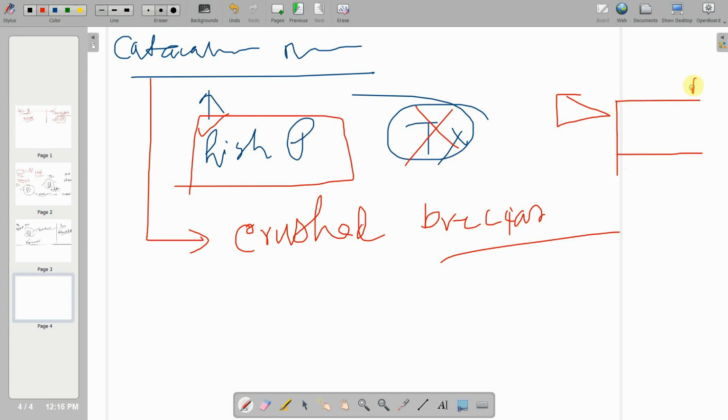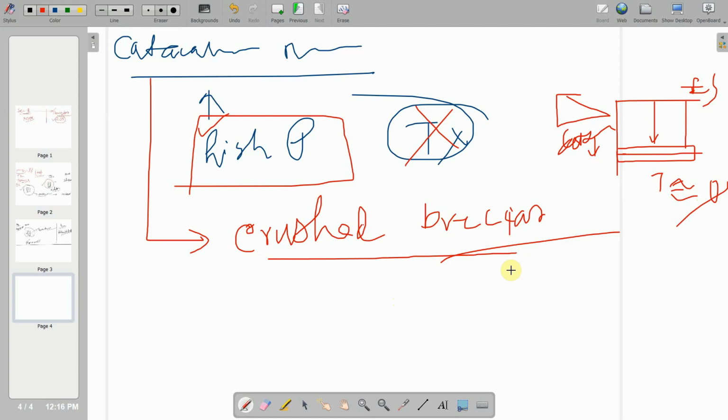So if this is the earth surface, at certain depth pressure increases with the layers of material between this line and the earth surface. So this is the depth, and cataclastic metamorphism happens there due to high pressure, and the contribution of temperature is almost nil. These types of structures are found in rocks like breccias and mylonites.